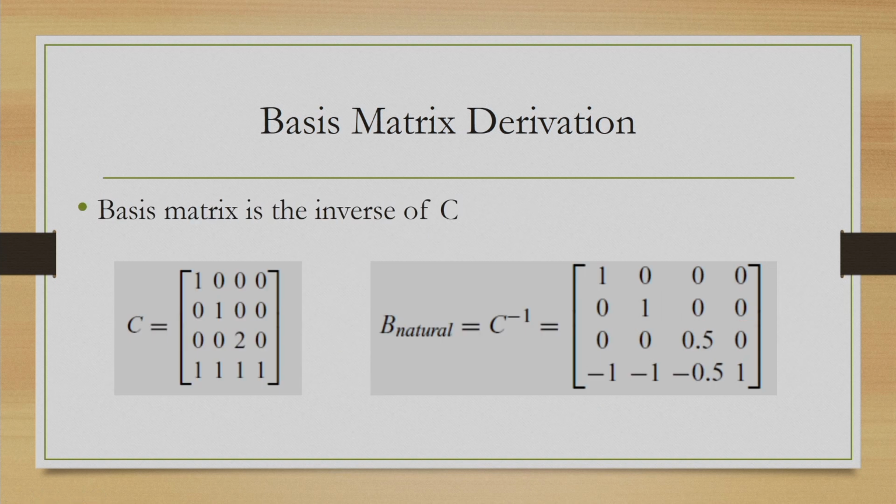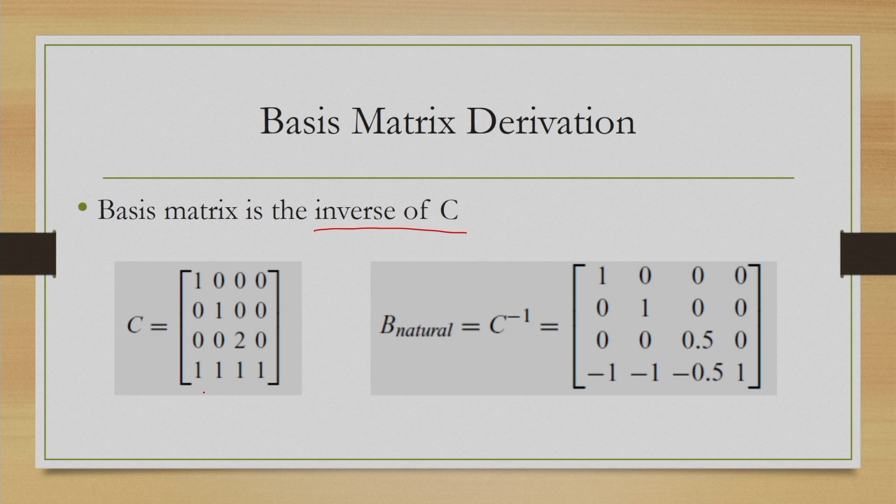Now, to get the basis matrix, what we need to do? We need to take the inverse of C. How to compute the inverse? That we will not discuss here, of course, because that is very basic knowledge and you can refer to any book on basic matrices.